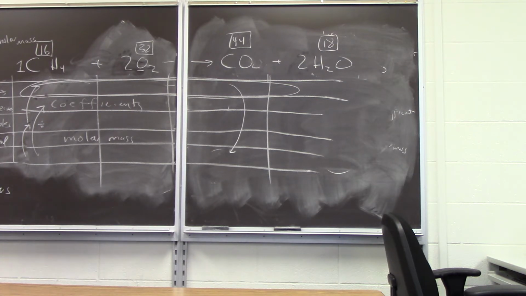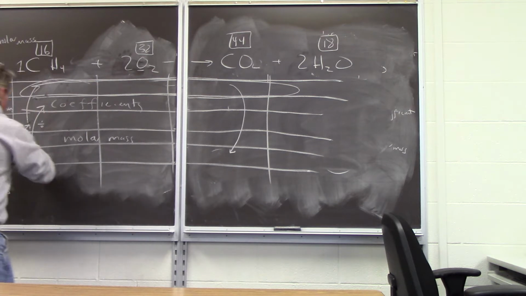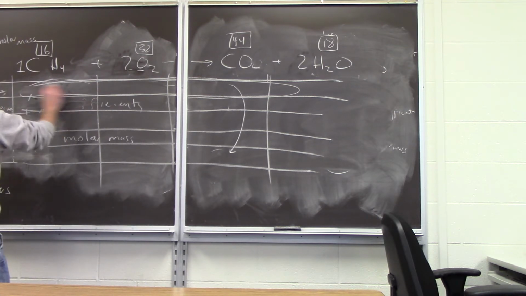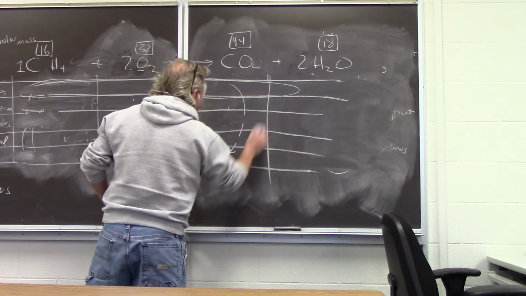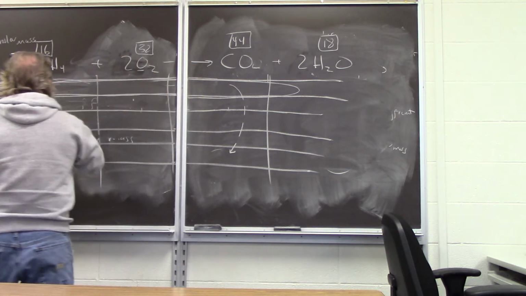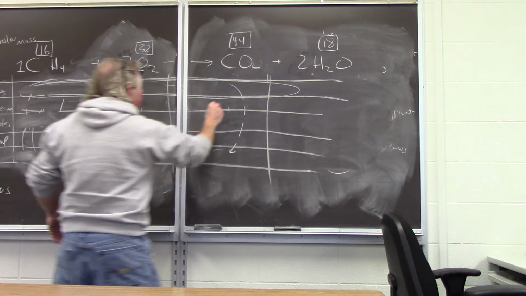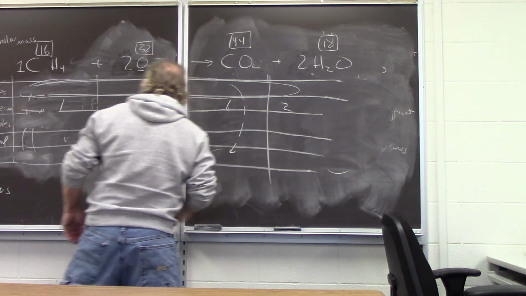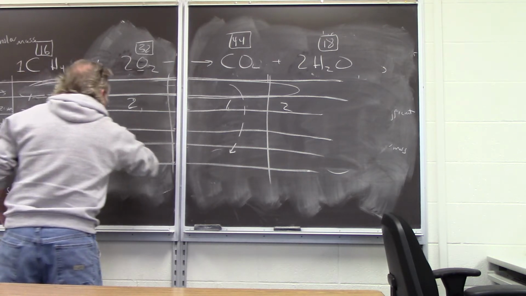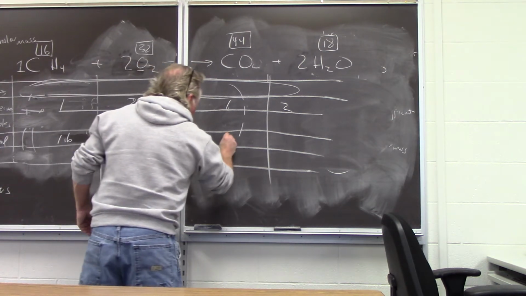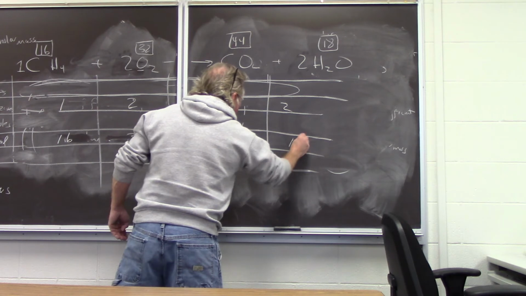For that case, to do the conversions, okay, so let's do the conversion of the one we just did. Okay, so I have 1, 2, 1, 2, and put down these numbers here. 16, 32, 44, and 18.